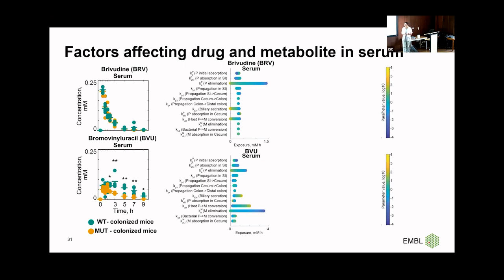So you're asking why in the BVU kinetics there is a longer exposure, a longer distribution of this metabolite. Yeah, the concentration goes up, so it's metabolized the same way in the beginning, in the first hour or so. And then it stays for longer.